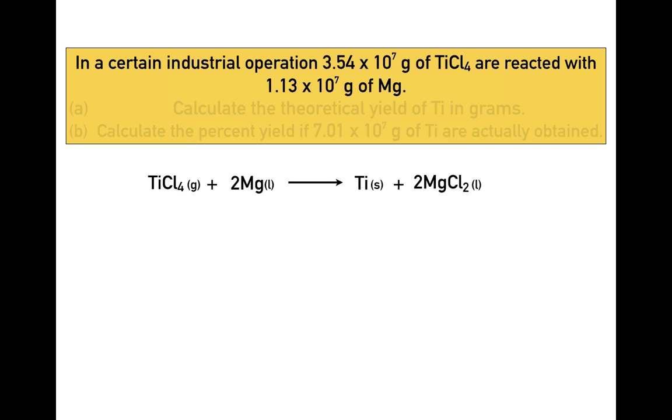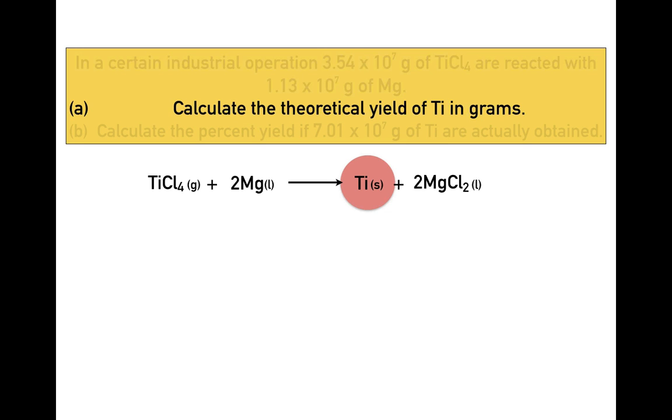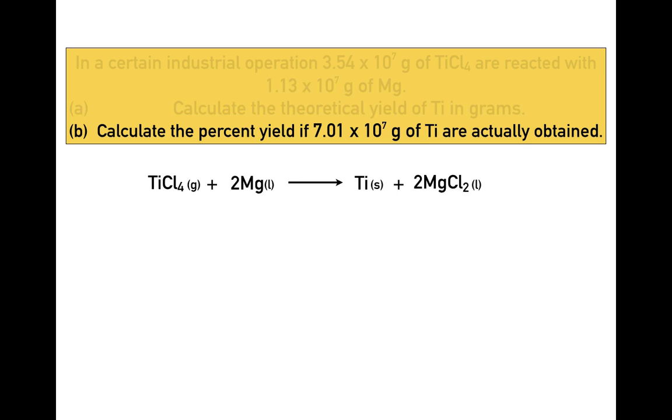You want to calculate the theoretical yield of titanium in grams based off of what you've been given in your reaction. Then you want to use that to find a percent yield if you actually yielded 7.01 times 10^7 grams of titanium.